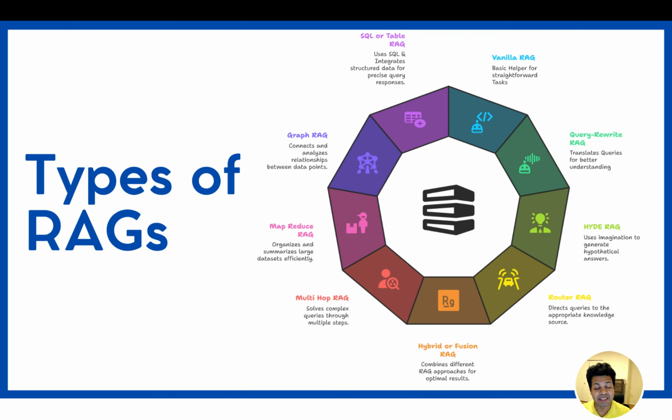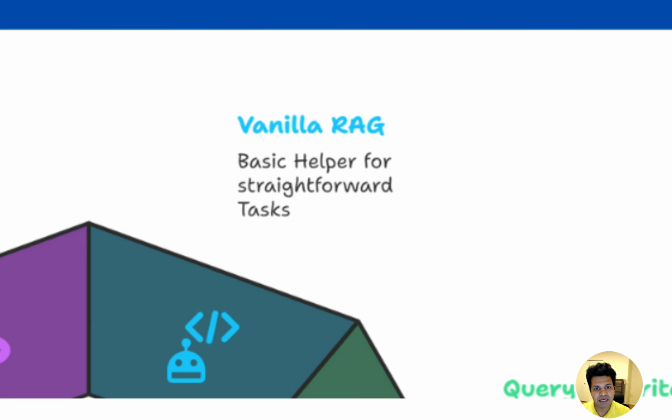Now let me explain different types of RAGs. There are many kinds of RAGs, like superheroes with different powers. Let's meet them one by one. Number one is vanilla RAG, which is the basic helper. Vanilla RAG is the simplest one. It's like a kid who goes to the library, finds one good book, reads the answer, and comes back.